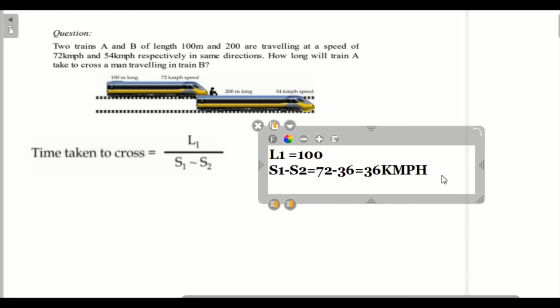Then we have to add the values. We have to convert it.